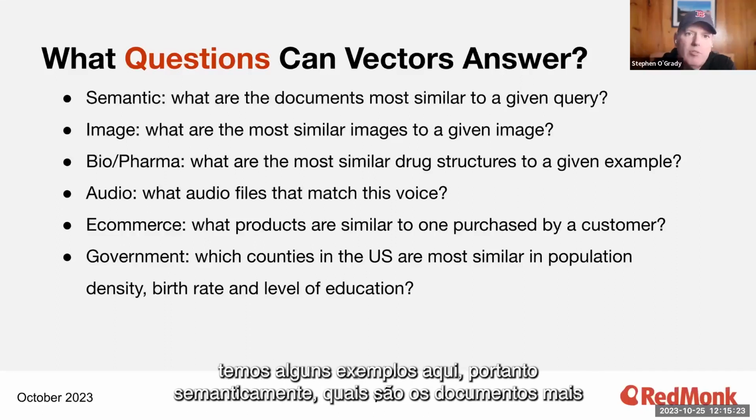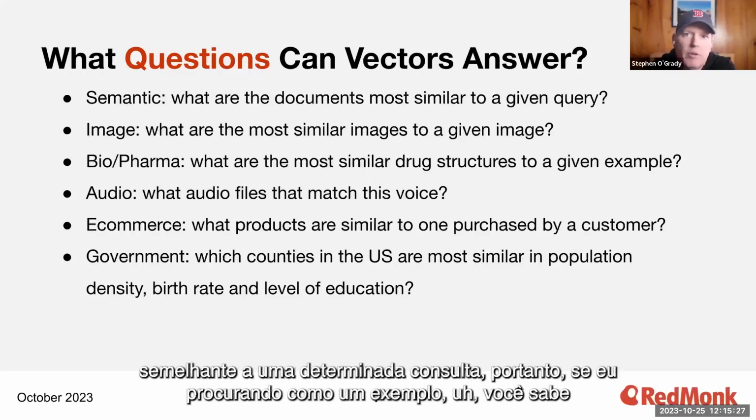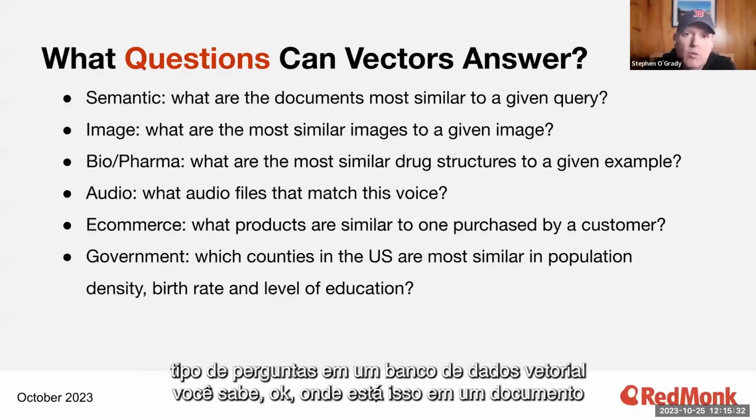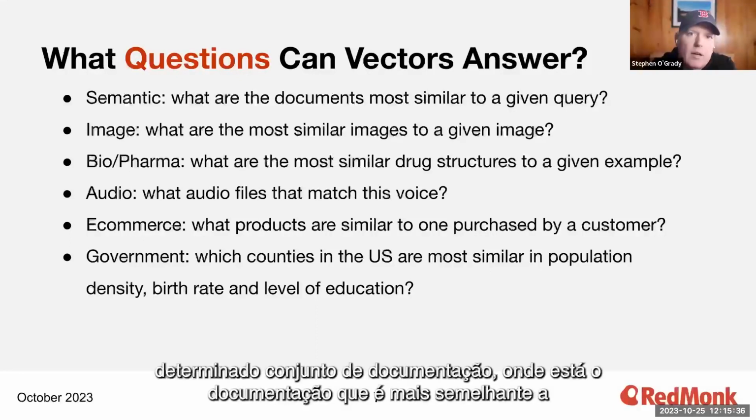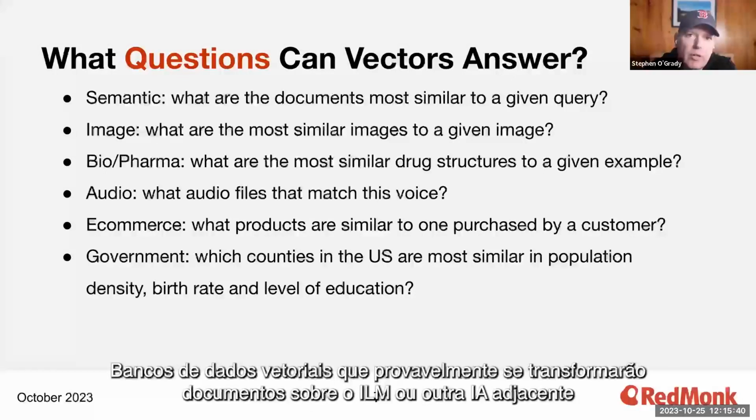So we have a couple examples here. Semantically, what are documents most similar to a given query? If I'm looking for, as an example, questions on a vector database, okay, where's this in a given set of documentation? Where is the documentation that's most similar to vector databases?